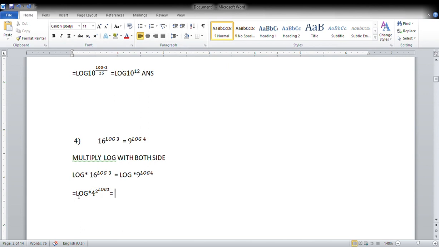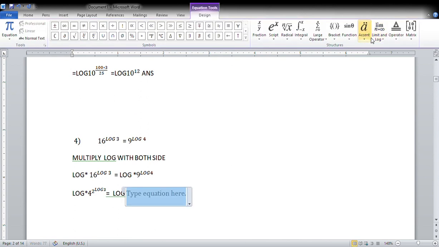Again, on this side also log. We can write 9 as 3 to the power 2, 3 to the power 2, again log 4, right? It means log 3 and log 4 are both on the power side.